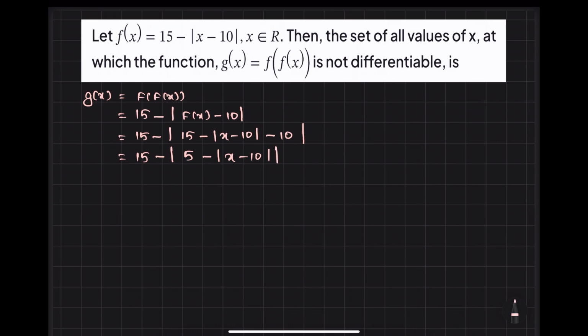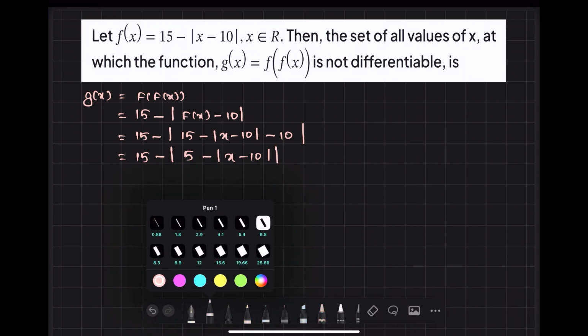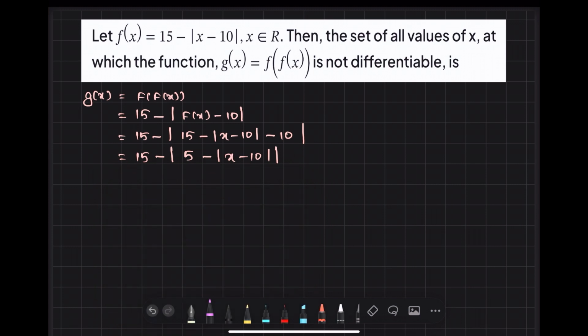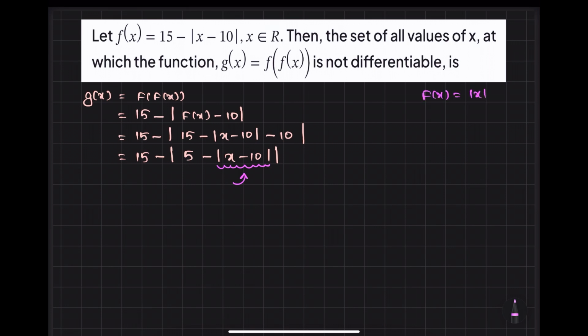Okay, now look at this. You have to break down this function. First you have to break this rule. You know that for the modulus function, f of x equal to mod x, it will open with a positive sign if x is greater than or equal to 0. If x is smaller than 0, it will open with a minus sign.